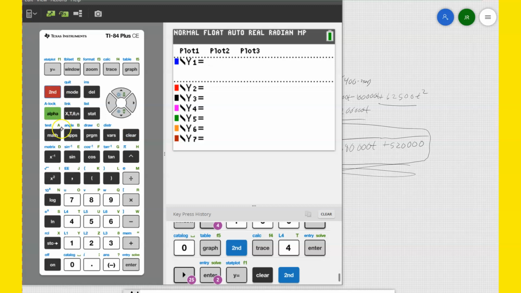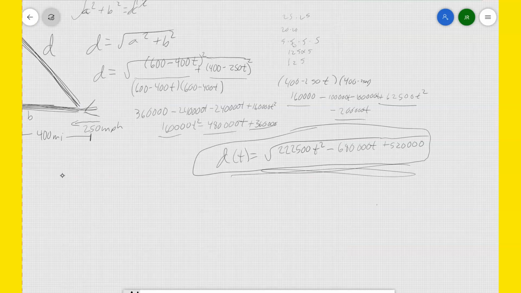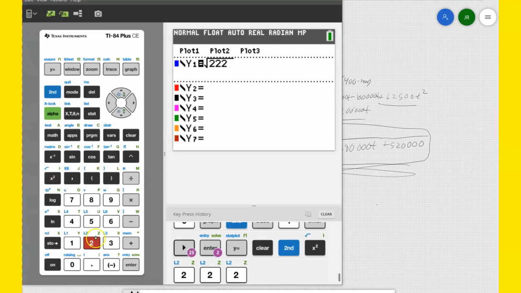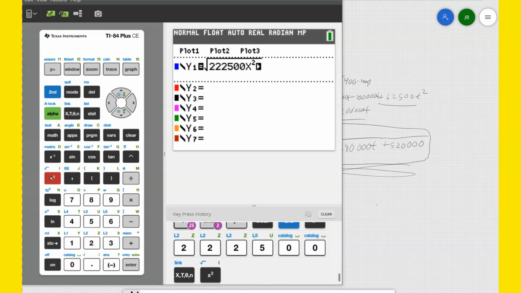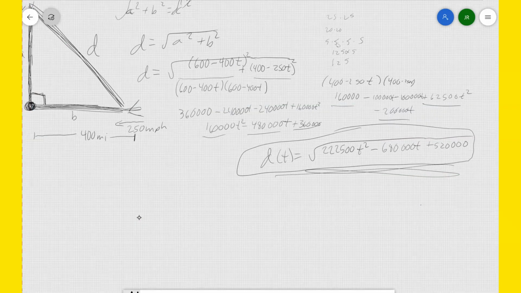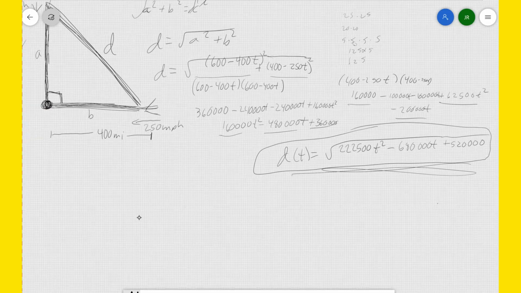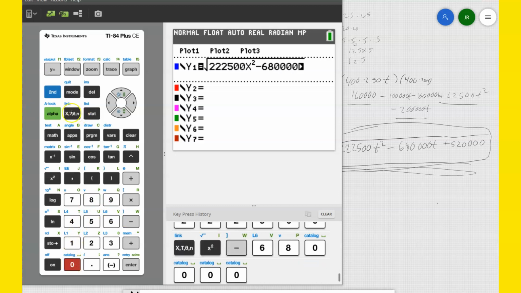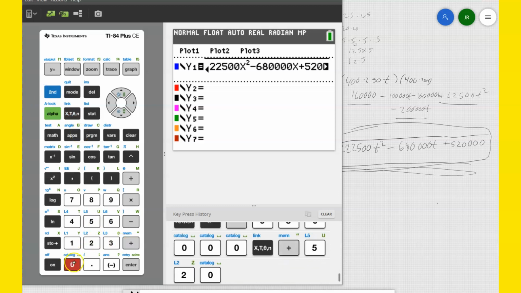So the square root of 222,500 x squared minus 680,000 x plus 520,000.